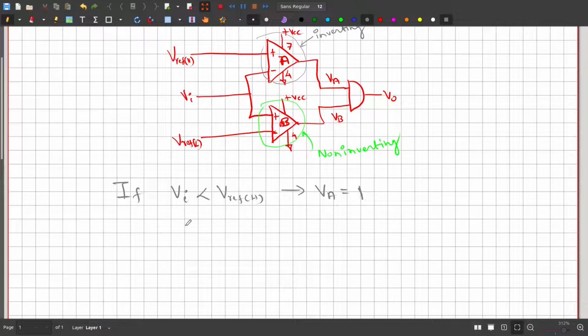And if Vi is greater than V ref of H, the upper reference voltage, then it will tie to the lower saturation voltage. Therefore Va equals 0, since it is grounded, it ties the output to the lower saturation voltage.